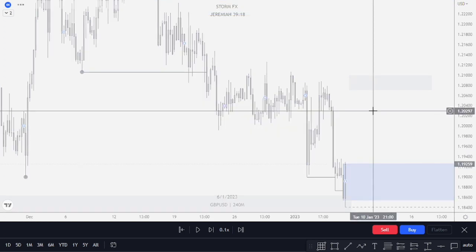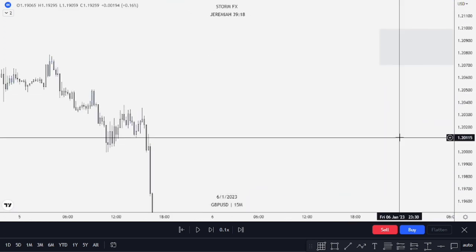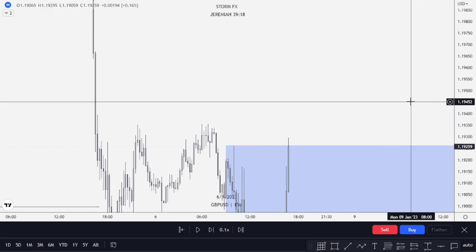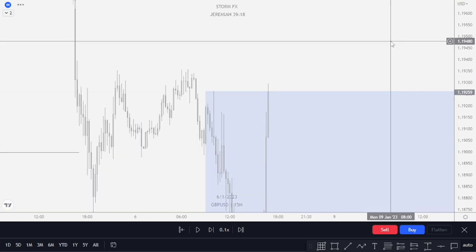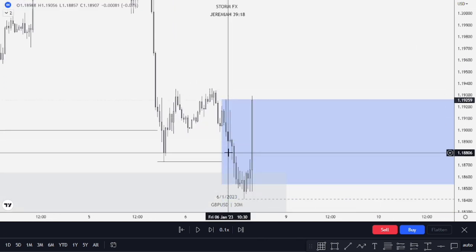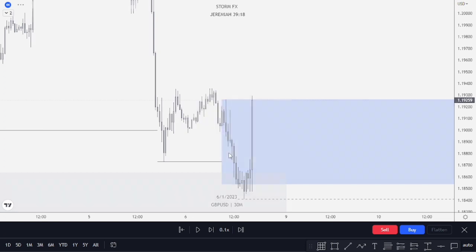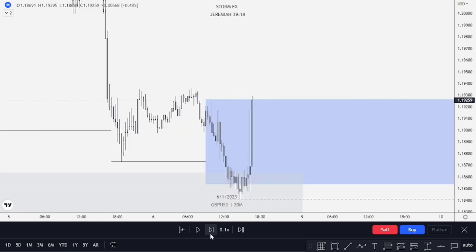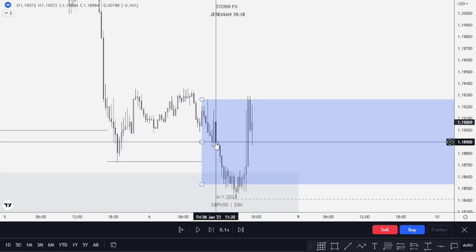So 15 minutes, someone messaging, how many minutes? You can see, is it 15 or 30? You see this week, so that is on 20 minutes. So you see it traded back into your zone.